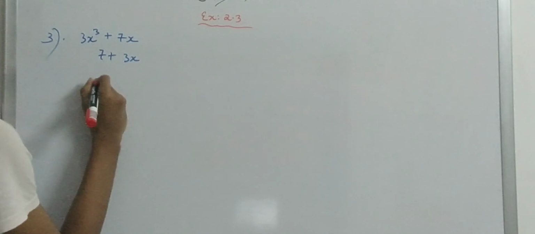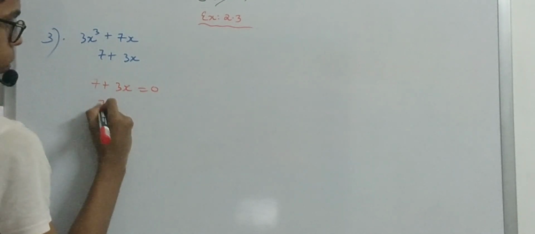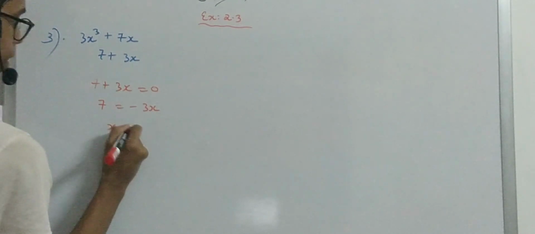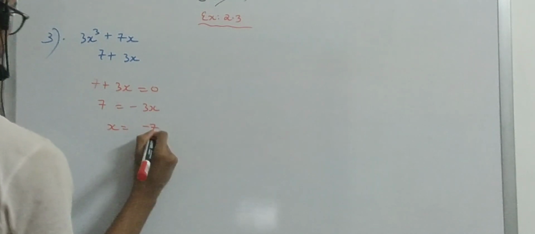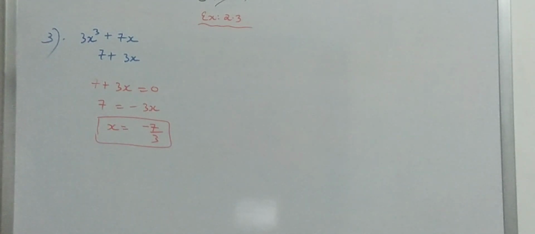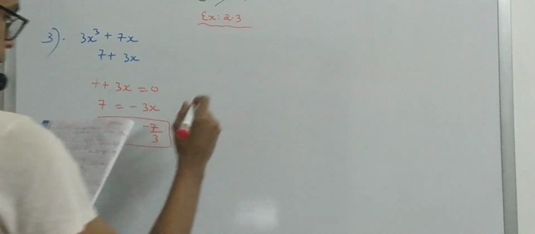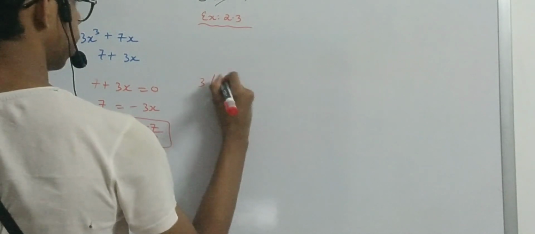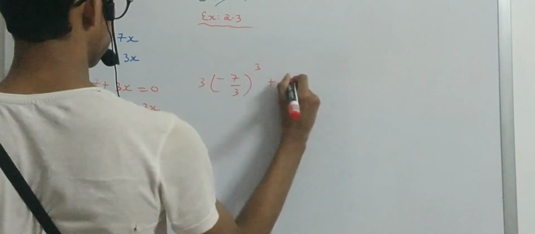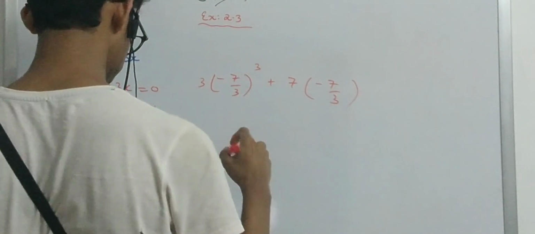So from here take 7 plus 3x equal to 0. So 7 is equal to minus 3x, or x is equal to minus 7 by 3. This you have to substitute in your first equation. So you will be getting 3 into (minus 7 by 3) the whole cube plus 7 into minus 7 by 3.